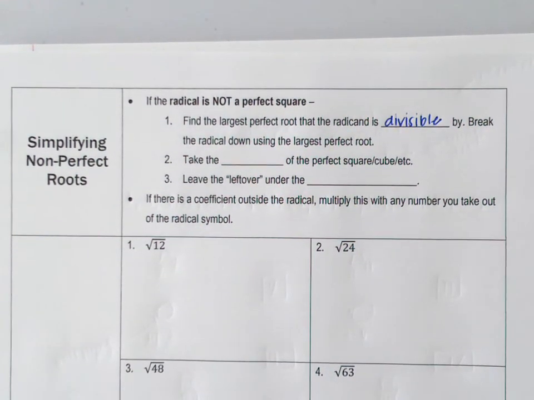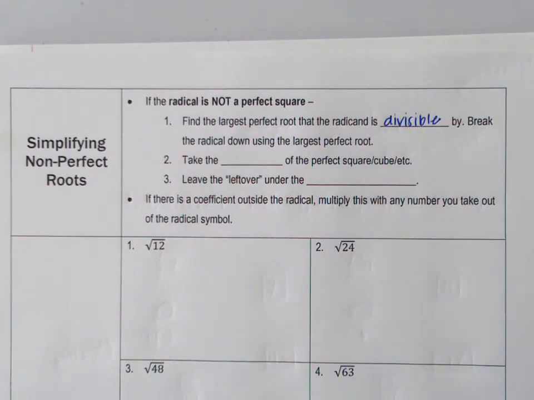So whatever that perfect root is that it's divisible by, we're going to divide it by that. Okay, then we are going to take the root of the perfect square, cube, etc., whatever it is that the index number is, and we're going to take it out of the radicand.